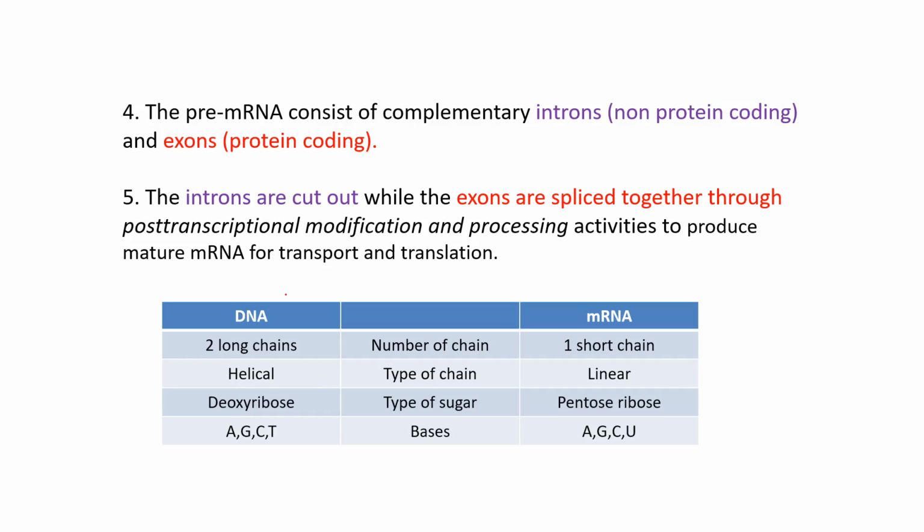So the introns are cut out while the exons are spliced together, joined, through post-transcriptional modification and processing activities to produce mature mRNA or mature RNA for transport and translation.